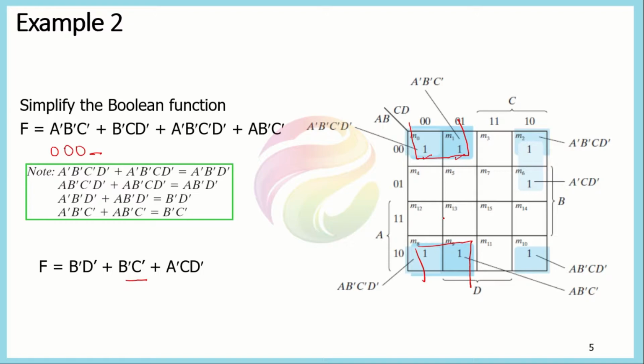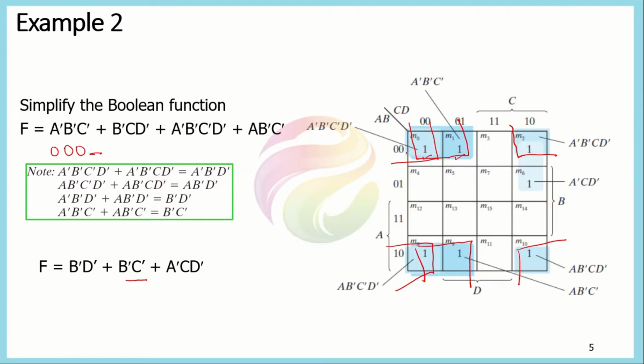Then we need to find other groups of 4 adjacent squares if possible. If you observe closely, yes, there is another possibility, because if you see all the edges, this edge, this edge, this one, and this one, if you combine all the edges, they will form a group of 4 adjacent squares. So we also have a 4 here from the edges.